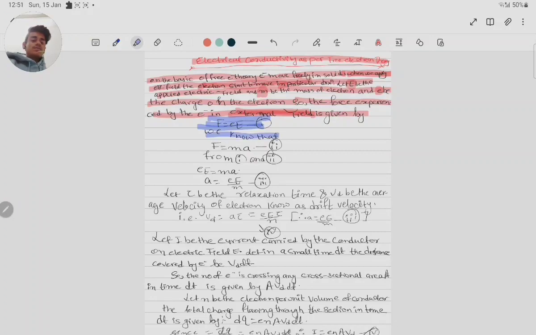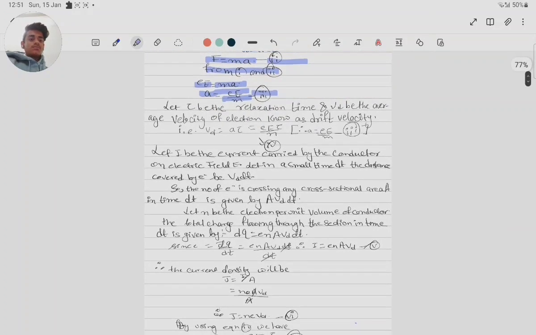We also know that force equals mass into acceleration, F = ma. We consider it as equation 2 and this as equation 1. So from equation 1 and equation 2, capital E small e equals m a, so we get a = eE/m. This is the equation of the acceleration.